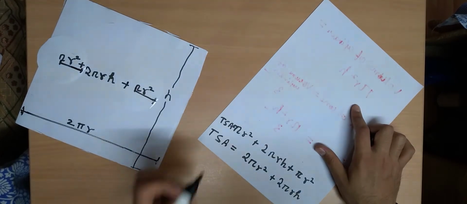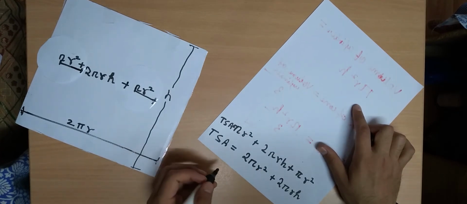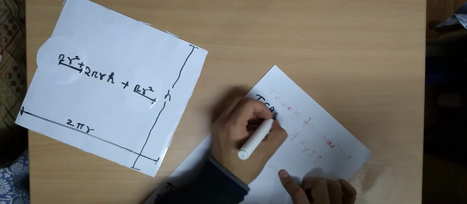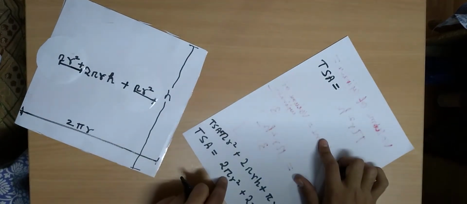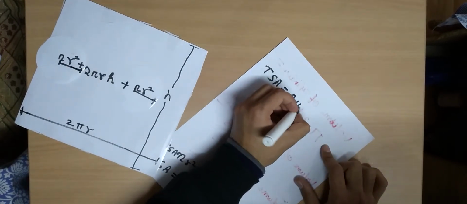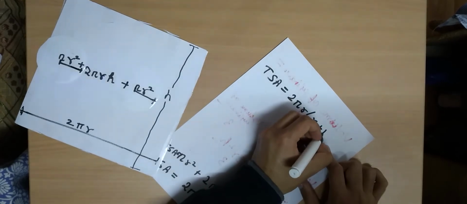And to simplify even further, I can take the 2 pi r common, and what I end up getting is, I'll write that here, total surface area equals 2 pi r times r plus h.